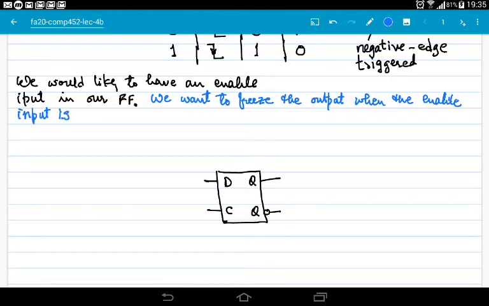Okay, that's what we want. So it means we have to somehow feed back the output to the input when enable is 0, and we have to route the D input to output when enable is 1, and we want to do this on the falling edge of the clock.